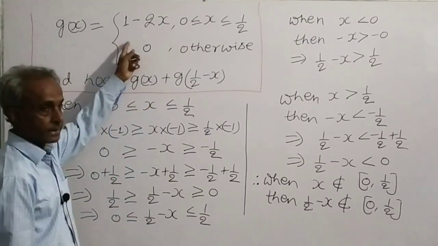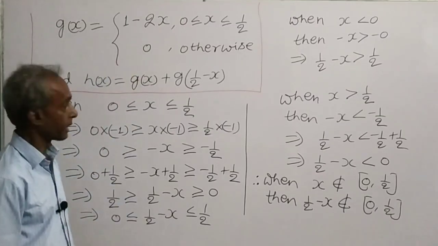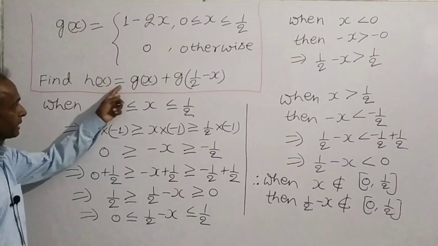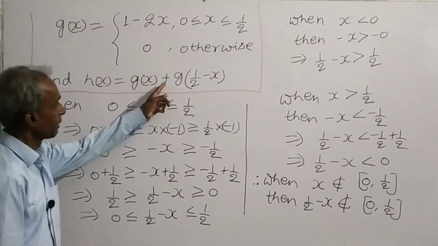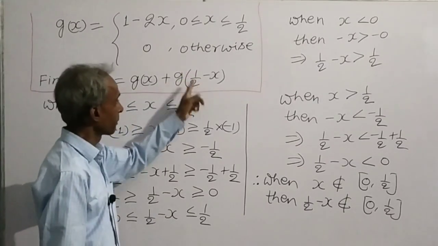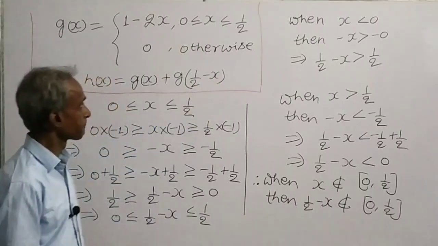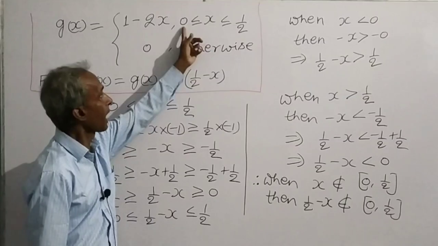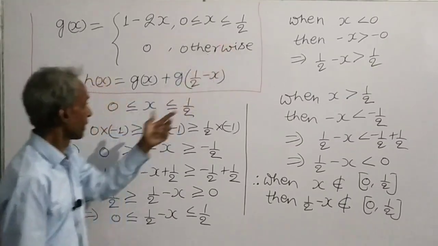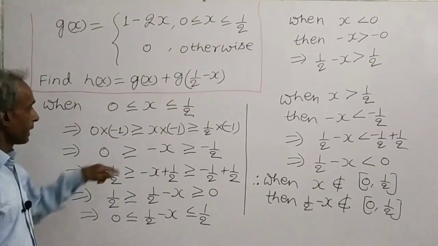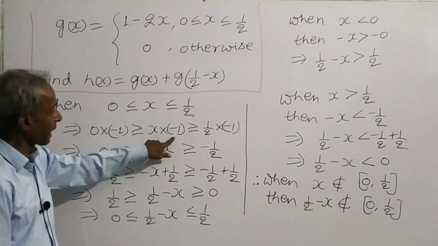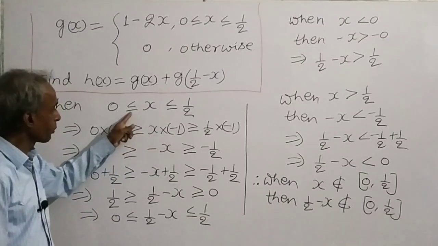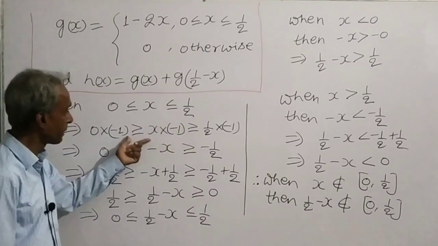g(x) is given this function. We want to find h(x) is equal to g(x) plus g(1/2 minus x). When x lies in this interval, then after multiplying by minus 1 is a negative number, therefore inequality will reverse.